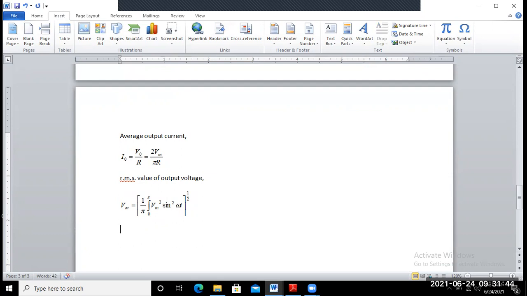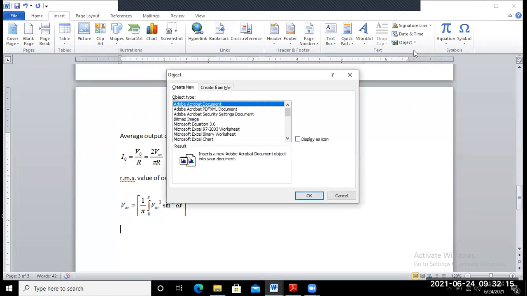So how can we integrate this sin square omega t? Sin square omega t can be converted into 1 minus cos 2 omega t by 2. The term Vm square whole to the power 1 by 2 can be taken as Vm.